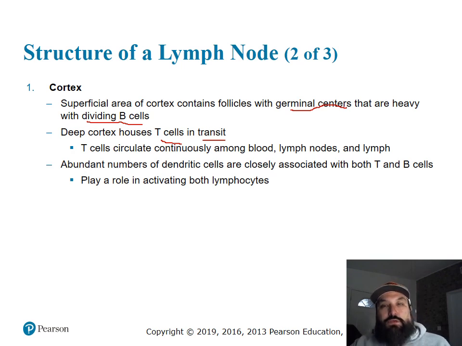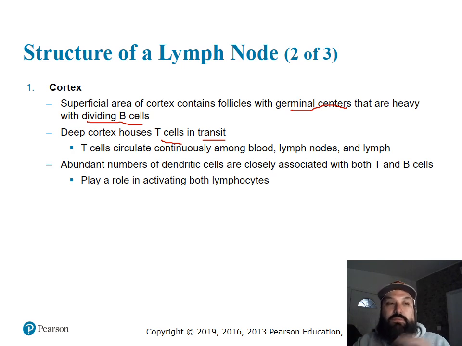Now, T cells will, on occasion, hang out in a node itself, but they also have the capability of going to other lymph nodes through the vessels. This is random. It's not really a specific time that they hang out in a lymph node versus when they go to another one.